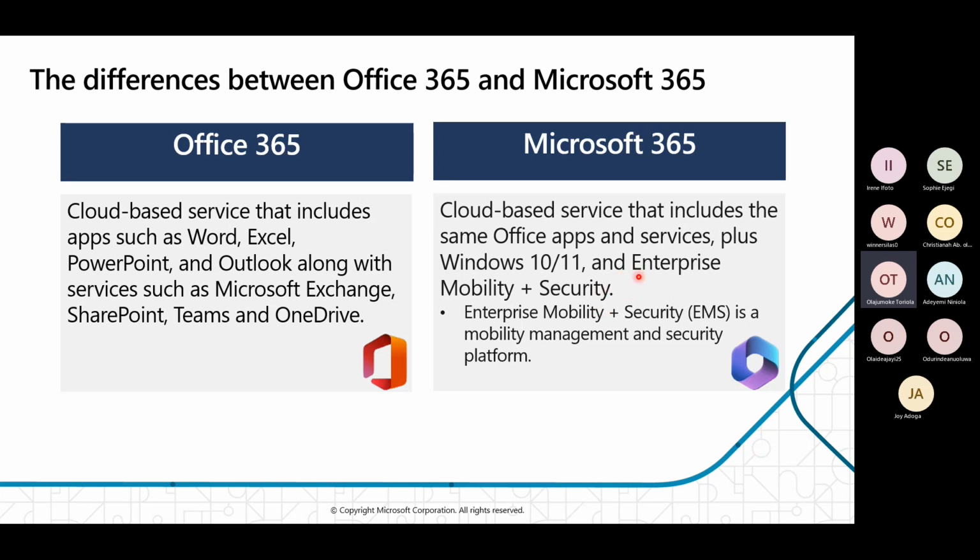Then they added what is called Enterprise Mobility plus Security. When you talk about Office 365, you're only talking about productivity apps and services. When you talk of Microsoft 365, you talk about everything in Office 365 plus Windows 10 and 11, and then Enterprise Mobility plus Security, which is a mobility management and security platform. This means that if I have my mobile device, you can check your email on your mobile device.